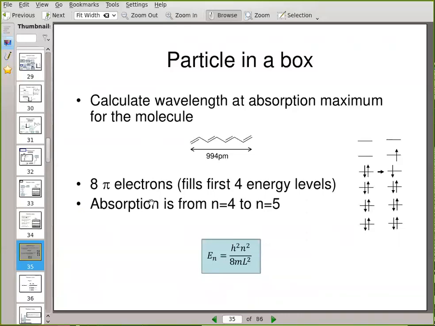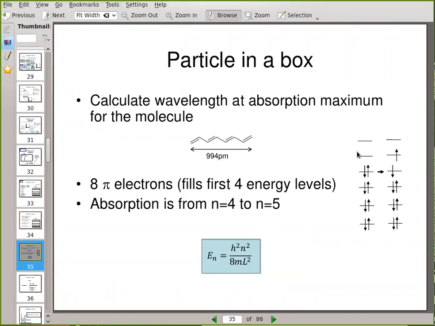The pi electrons are quite nice. You've got sp2 hybridization right the way through. So the pi electrons are free to move from one end of a molecule to the other, but of course they can't move off the end. We've confined that electron to a one-dimensional box, and the dimension of the box is 994 picometers.